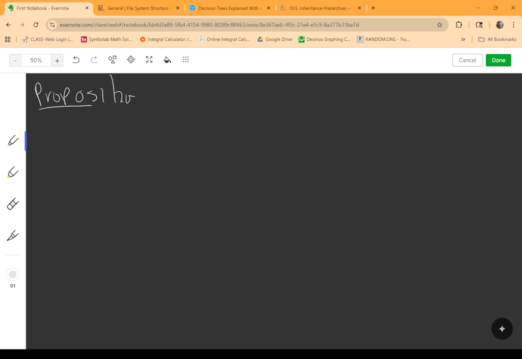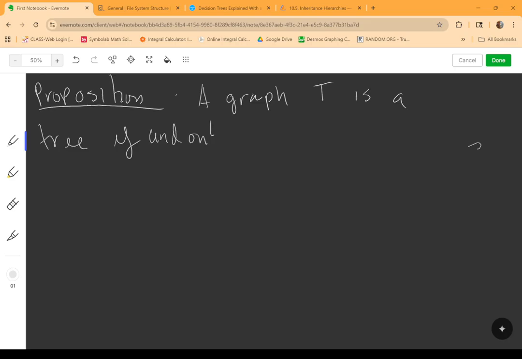So these propositions come from our textbook, right? And we just develop more of these properties for trees. We say that a graph T is a tree if and only if, right? So strong connection here.